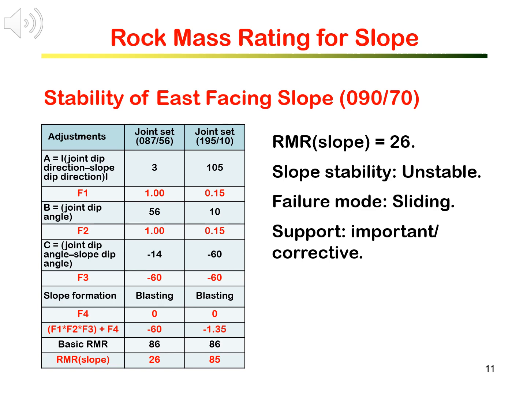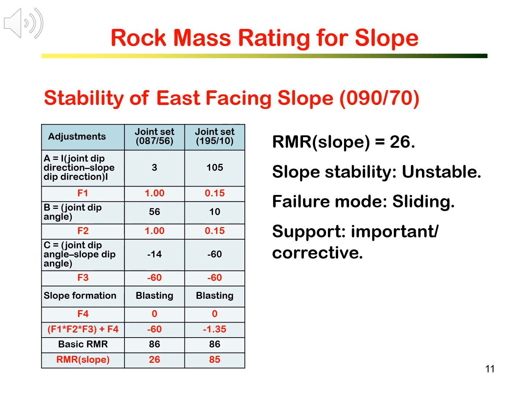The total adjustment is F1 times F2 times F3 plus F4. It gives minus 60. The adjusted IMR for the east-facing slope is now 26.